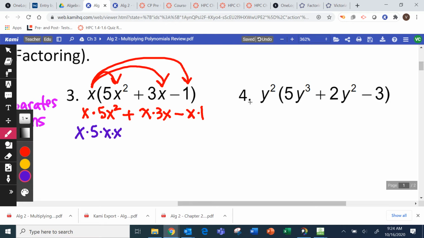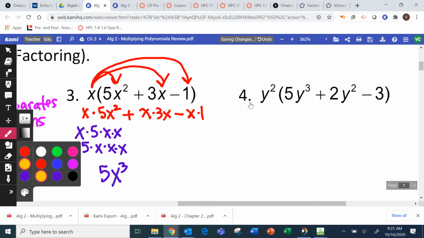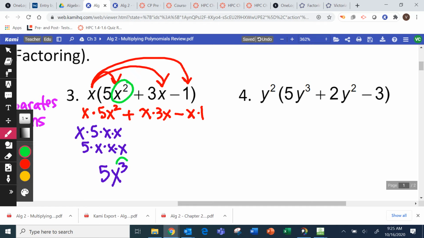That's what x squared means. And then I can rearrange that, 5 times x times x times x. And then I can put it back together as 5x to the third. So when we multiply by x, we take the original amount of x's and the exponent changes. Not the number in front, but the exponent changes.